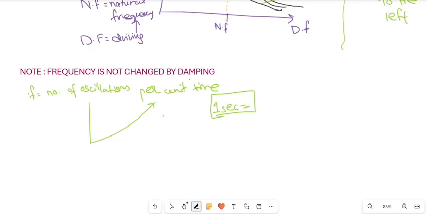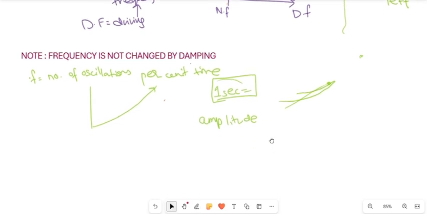The amplitude decreases, but the time for you to go from here to here remains 1 second. That does not change, and that is why frequency remains the same as well. And I hope that made sense.